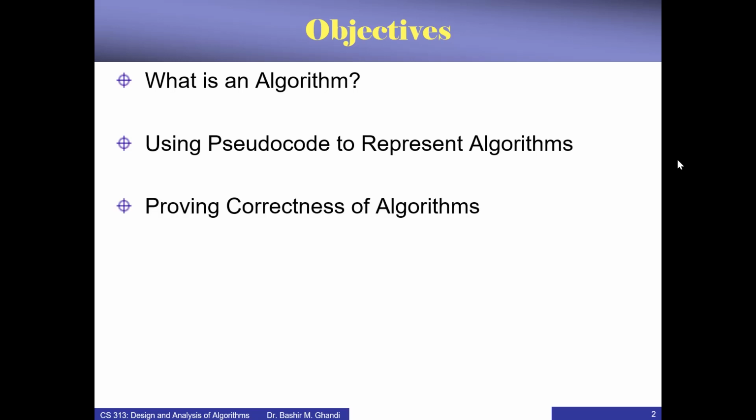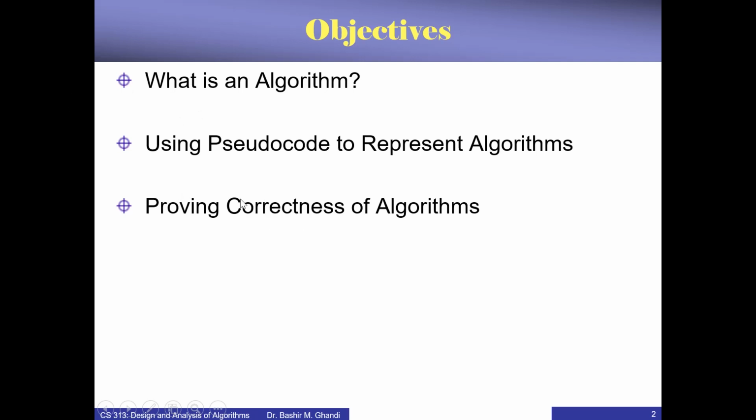And then we talk briefly about the different ways to prove the correctness of an algorithm, because actually we are concerned with three things, although I mentioned two things in the objectives: being able to design algorithms and then being able to analyze them. We are also concerned about correctness of algorithms.